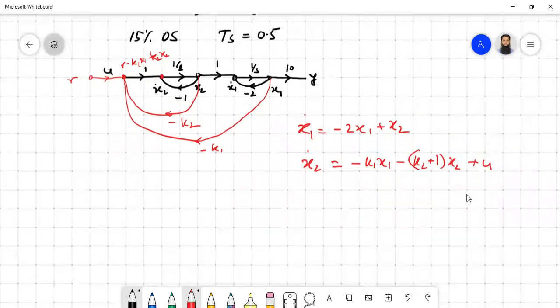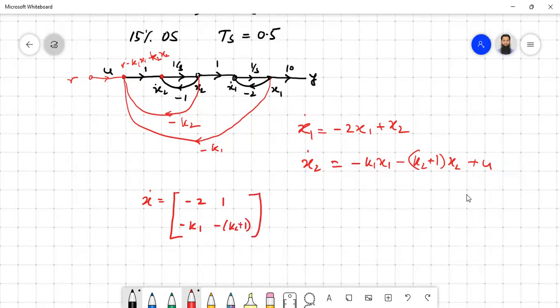We can represent this in the format x dot equals [minus 2, 1; minus K1, minus (K2 plus 1)] x plus [0; 1] u.